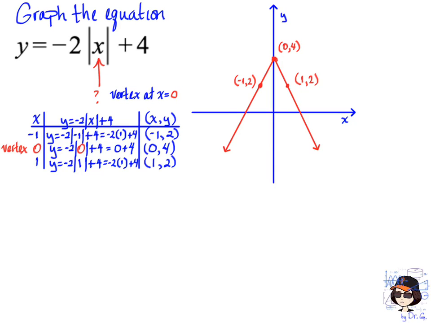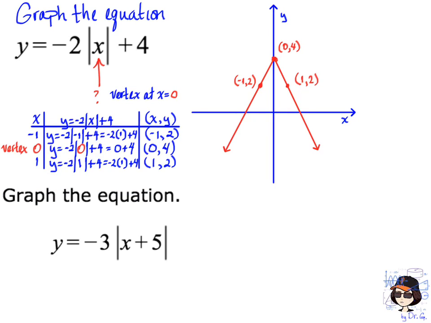All right, let's do one more, slightly more complicated, but it's the same idea. So we're going to graph y equals -3 times the absolute value of x plus 5. So once again, we're going to start by finding the vertex. We look at the inside of the absolute value. We ask what value of x will make that entire inside equal to 0.